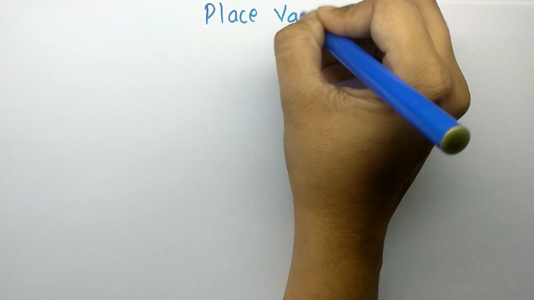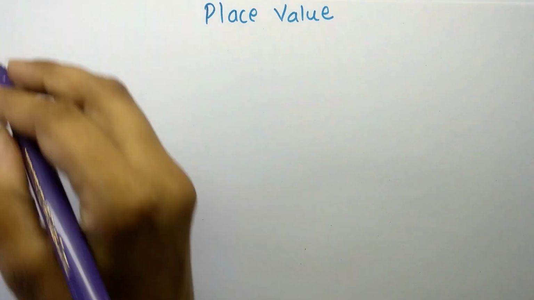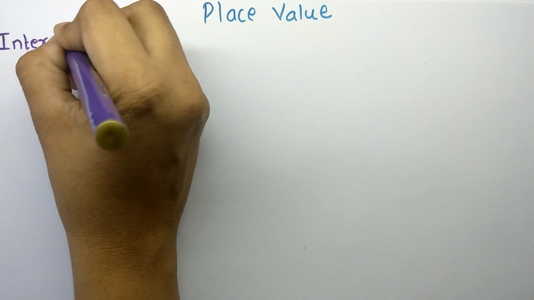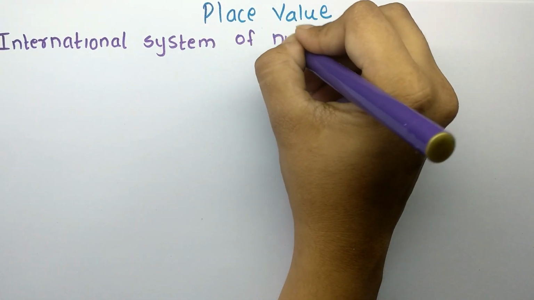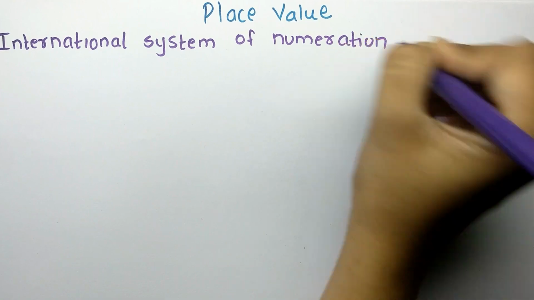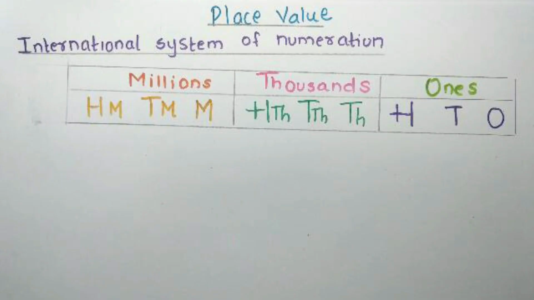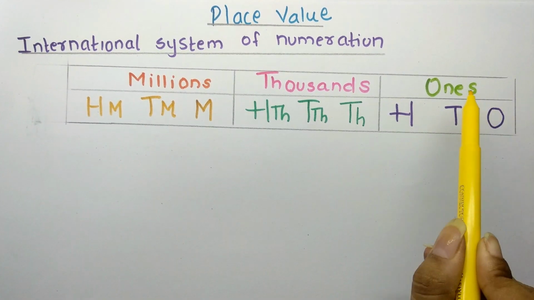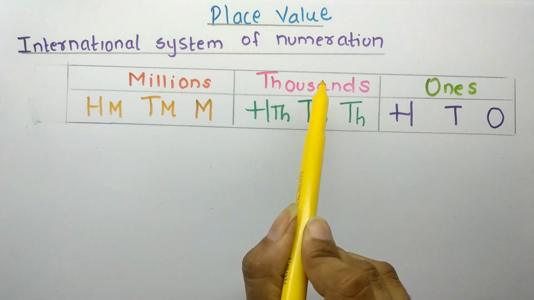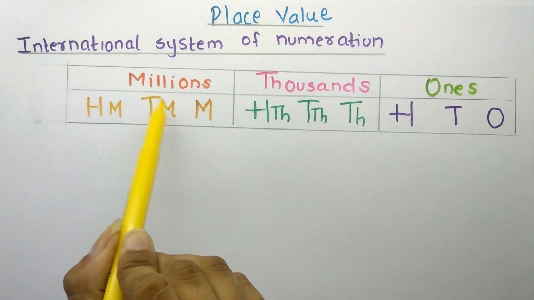Now let us learn about the place values in the international system of numeration. I have written down the place value chart for the international system of numeration. Here I have ones period, thousands period, and after that I have millions period.